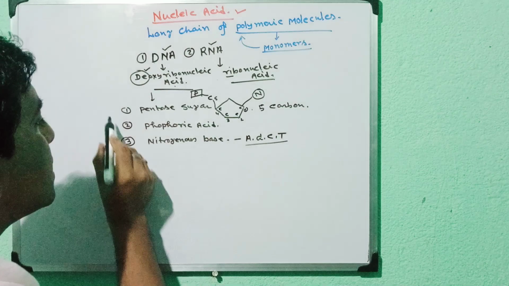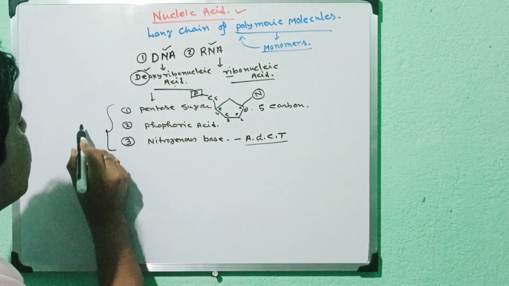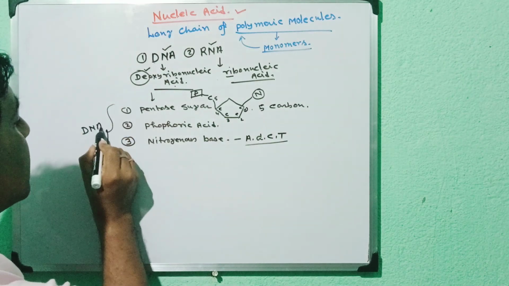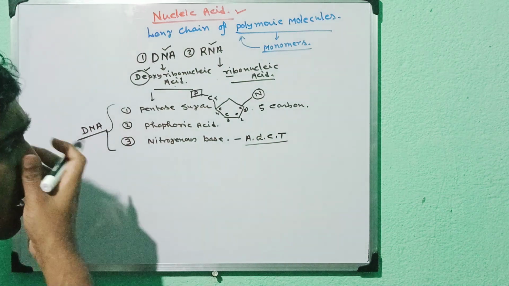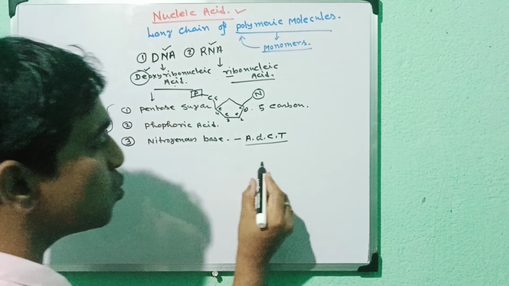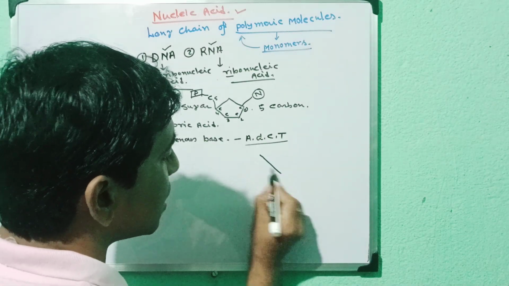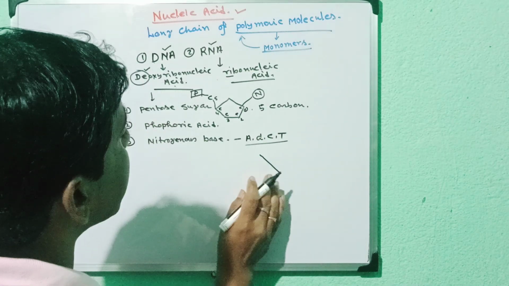So these are the main components of DNA, deoxyribonucleic acid. What is the structure of the pentose sugar? This is the actual structure.